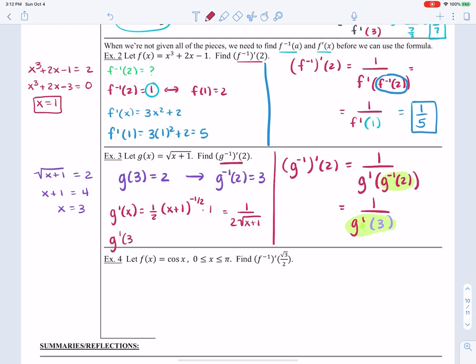G prime of 3 is 1 over 2 square root of 3 plus 1. Square root of 3 plus 1 is 4. 2 times 2 is 4. And so now I've got 1 over, and we're going to plug in 1/4 for a final answer of 4.